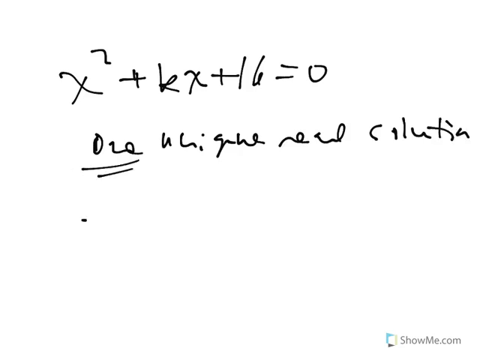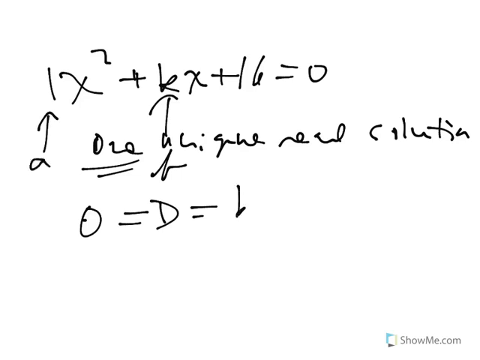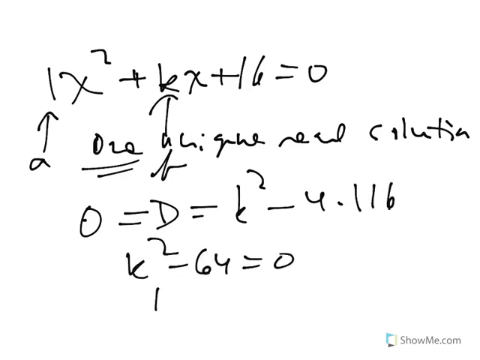I like that because that happens when the discriminant actually equals 0, so we get an equality instead of an inequality. B squared minus 4ac is k squared minus 4 times 1 times 16, or k squared minus 64 equals 0, or k squared equals 64, or k equals plus or minus 8. There's actually 2 answers.